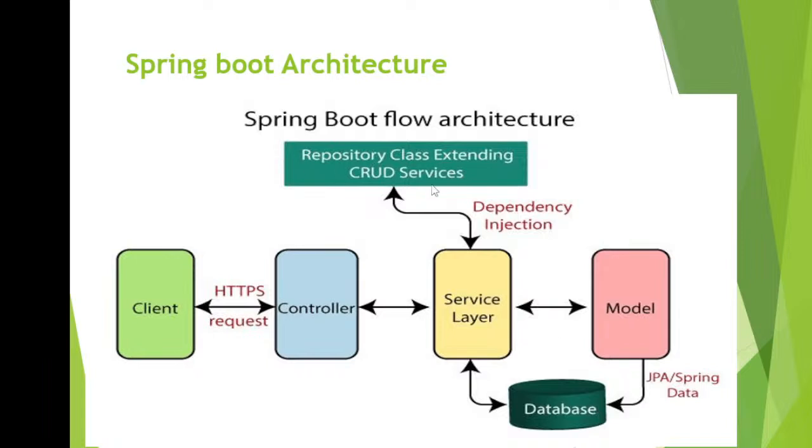We also have another layer which we call the repository layer, which defines CRUD methods which we can use to manipulate the entities in our database. CRUD is a short form for create, read, update, and delete.